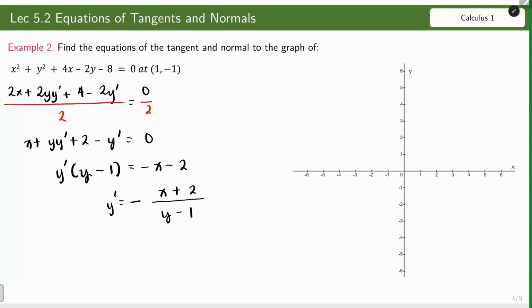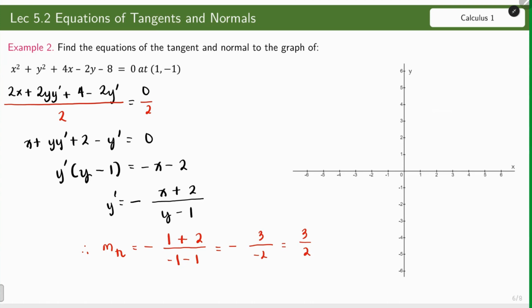Now we can solve for the slope. So therefore, the slope of the tangent line is equal to negative, the x is positive 1 and then plus 2, all over negative 1 minus 1. Simplifying further, we have negative 3 over negative 2. We have 3 over 2. So that is the slope of the tangent line.